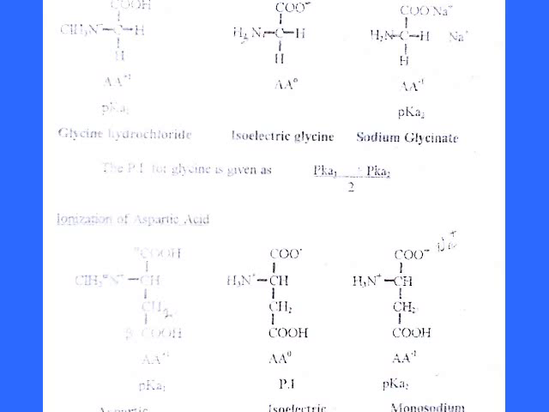Unique in the sense that it has a cyclic structure in it, while the rest have straight chain carbons. Then under the negatively charged acidic R groups, we have aspartic acid, glutamic acid. So you need to master all these groups. They are very, very important.